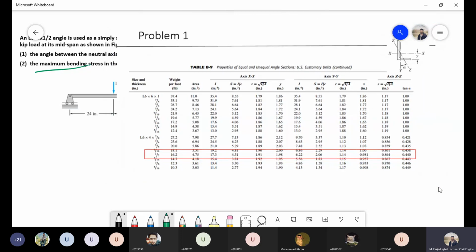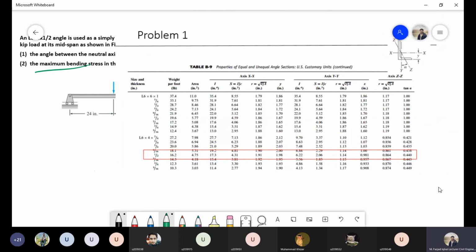In this table, this section which I have shown in this red box is our section given in the question, that is L6 by 4 multiplied by half. There are certain properties mentioned. For example, it has given us the area of this section and the moment of inertia with respect to this x-axis. Now there is also a designation of this.